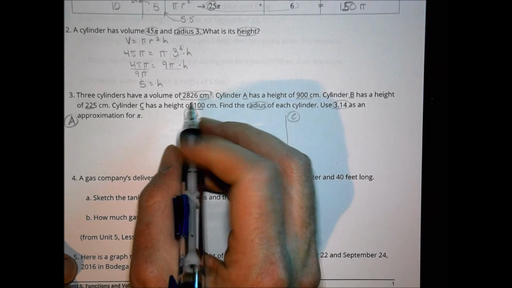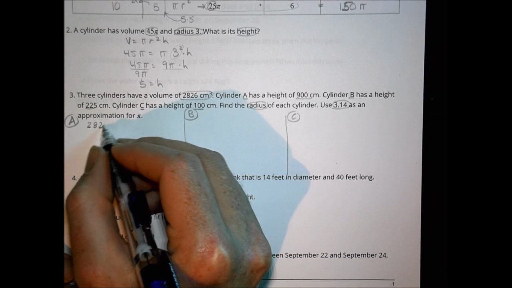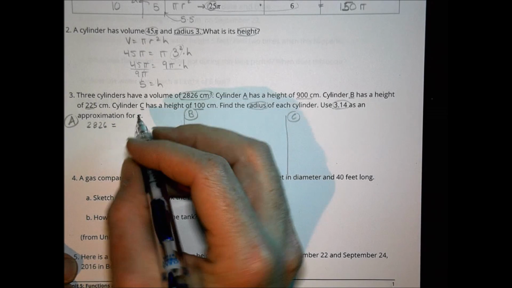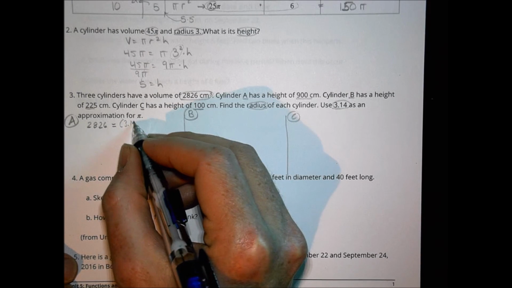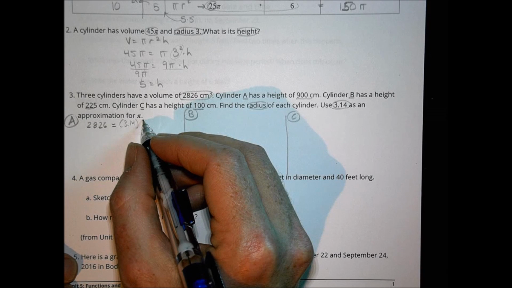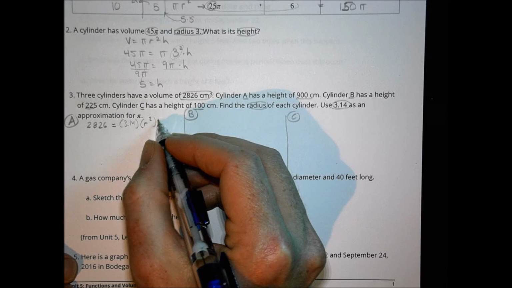Okay, so for A, we're going to start with our volume. Our volume is 2,826 centimeters squared, and that's equal to pi, which is 3.14, times the radius squared, which we don't know, r squared, times the height.